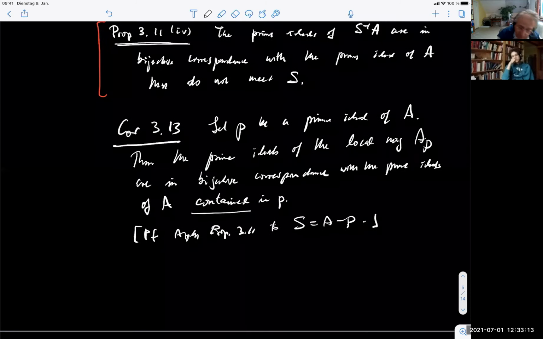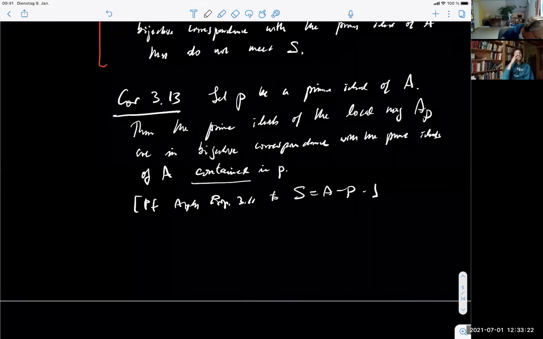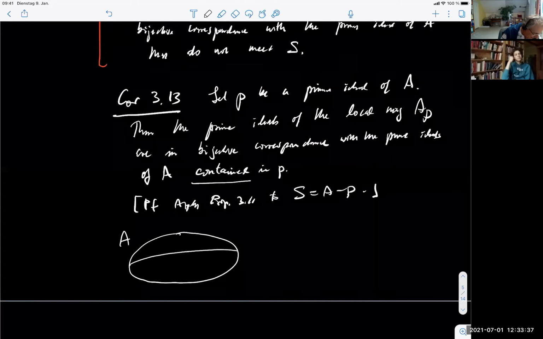Any questions or not? Let me draw a picture. Maybe a picture helps. This is my ring, a cartoon. And this object, this set, I can put it in color.